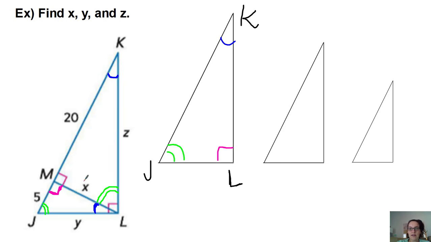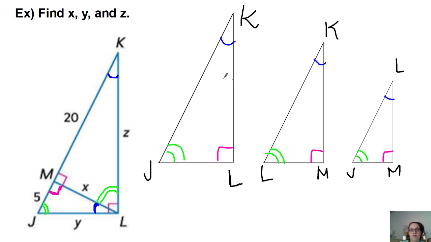M is my right angle, my green angle is L, and my blue angle is K. And then my final triangle is triangle JLM, where M is my right angle, J is my green angle, and L is my blue angle.